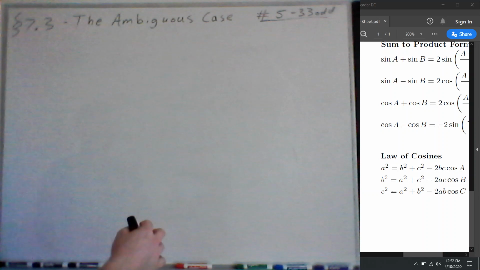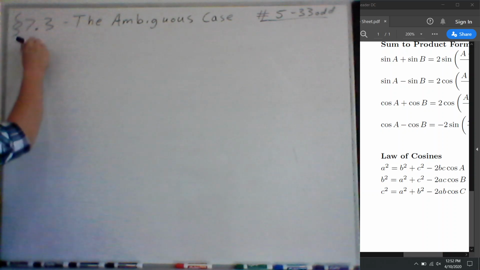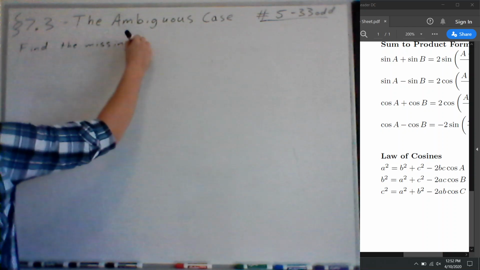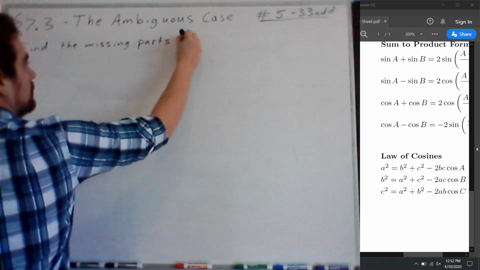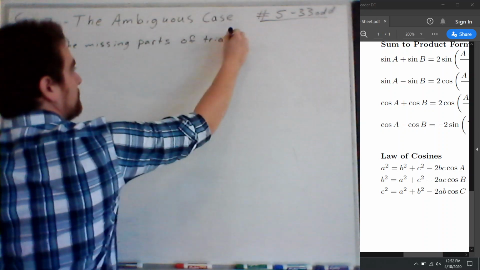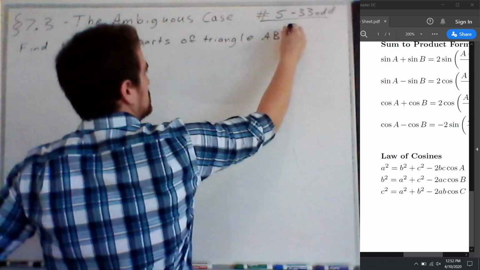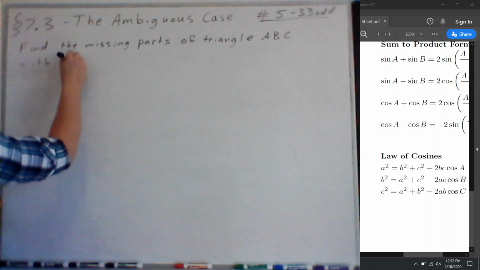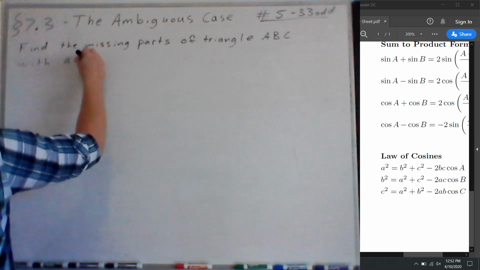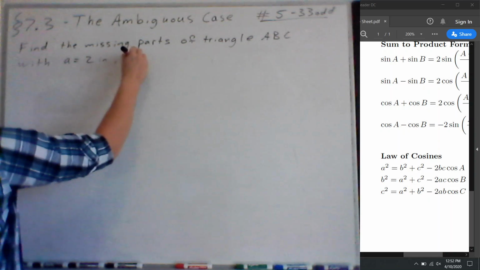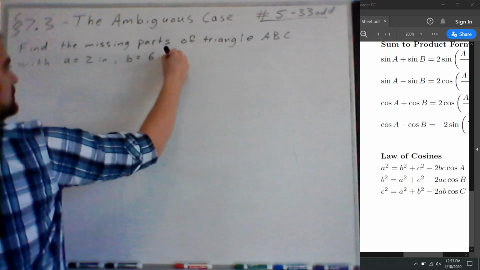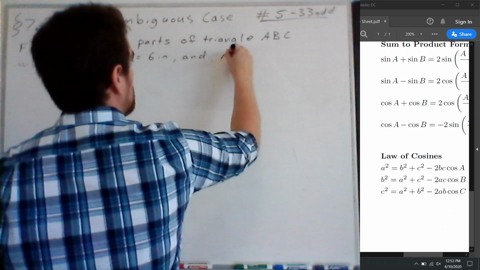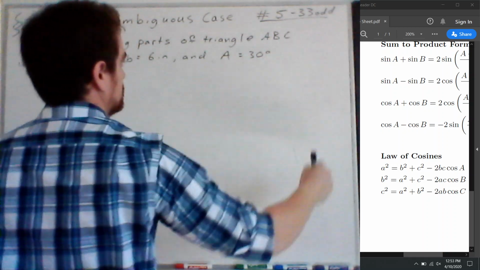So let's say we have triangle ABC, and we want to find the missing parts with little a equal to, say, 2 inches, little b equal to 6 inches, and we'll say capital A is equal to 30 degrees.